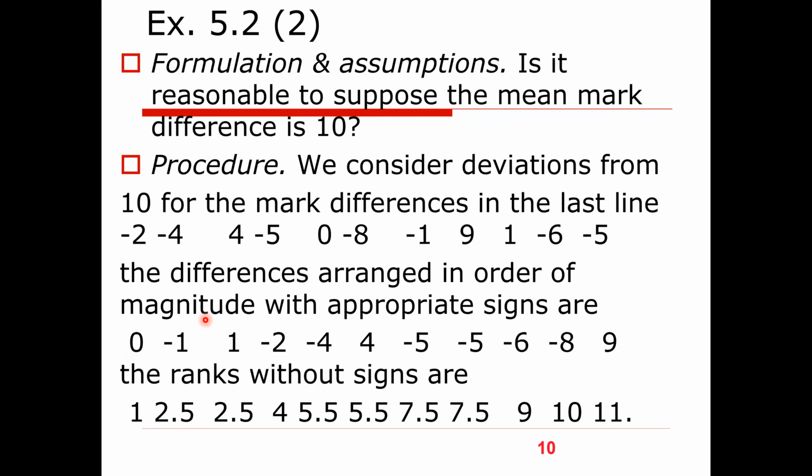So using the signed rank test, we use each individual difference, or in other words each deviation, to subtract 10, right? 10 is our hypothesized median. So those are signed ranks with ties, starting from 0 to the largest magnitude. And this is using the mid-rank rule to correct the ties.